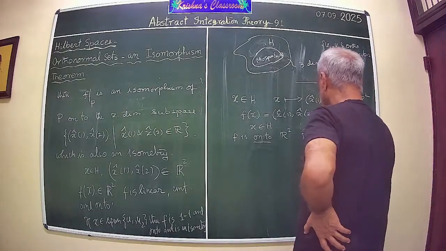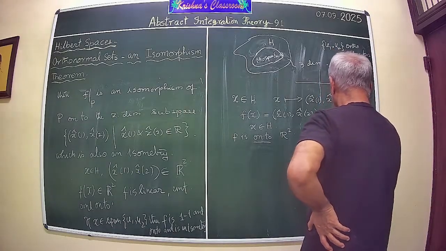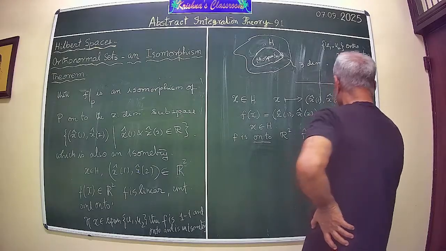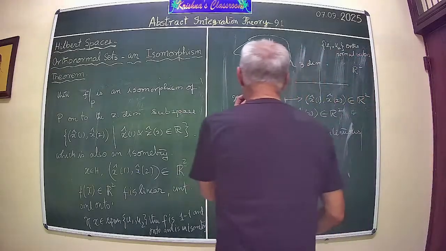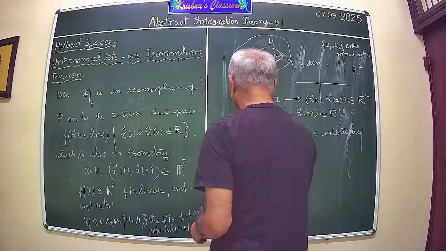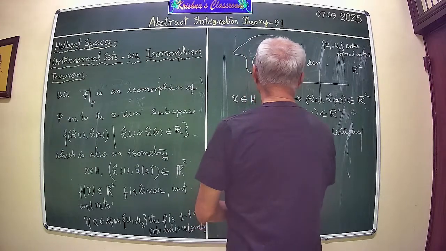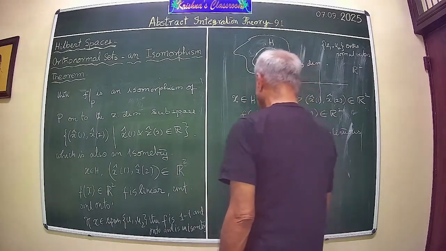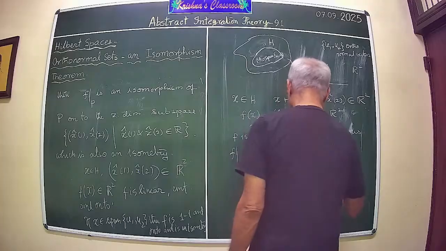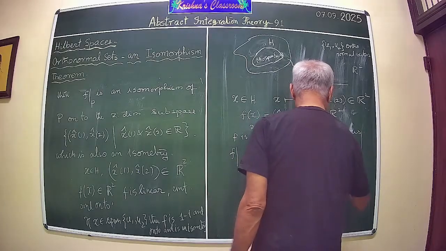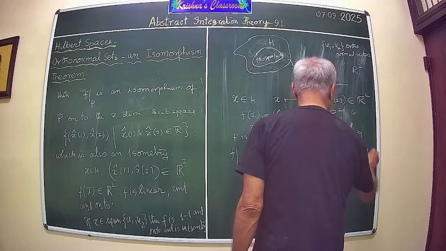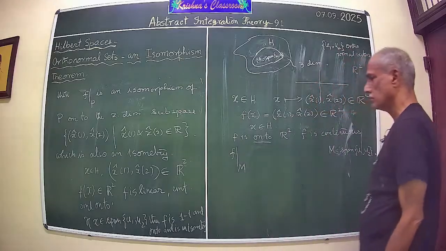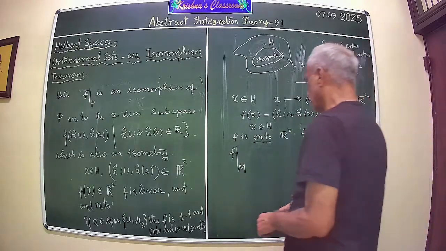F is continuous. Now what one does is you restrict F to M, where M is the span of U1, U2. Then what happens?